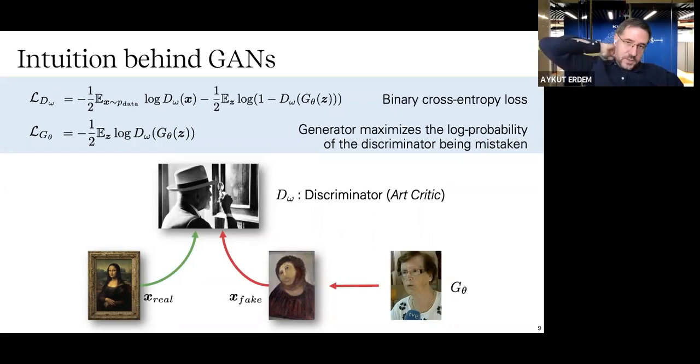However, based on the losses they optimize, it really gets harder and harder for the discriminator to distinguish between real and fake samples. And at this stage, we are done with training of the generator network.